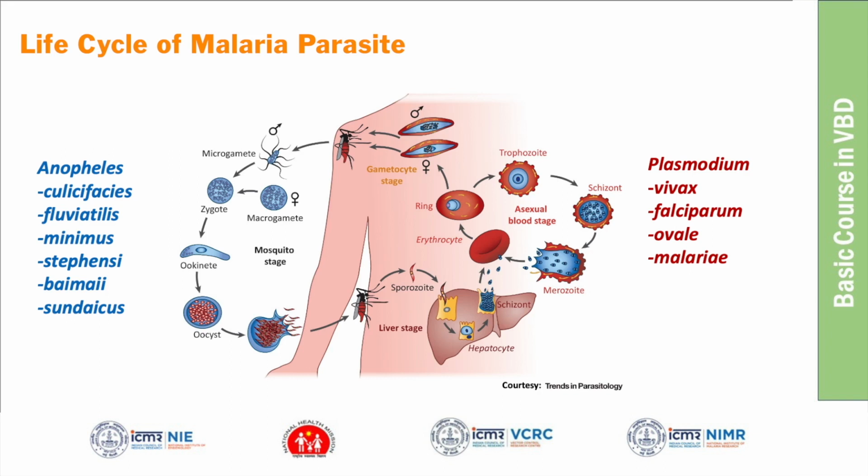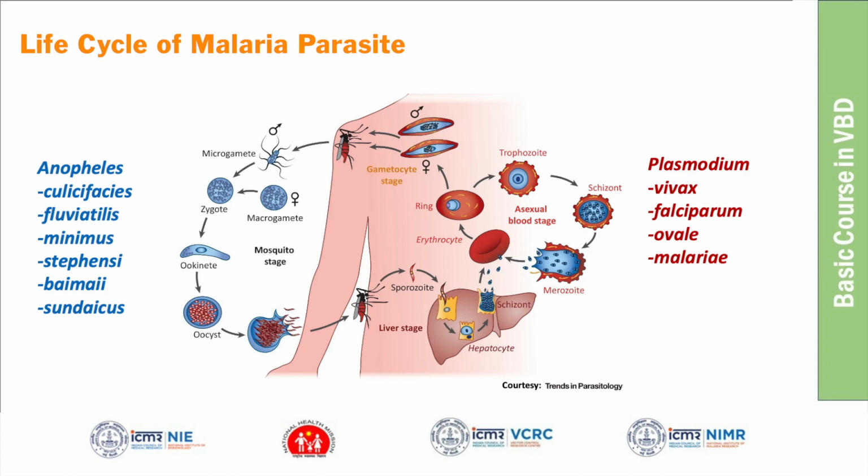Not only is there a development, there is a change in form also. This is an example. And in the human being also, sporozoites develop in the liver, and then finally when they come out in the form of merozoites, they start an erythrocytic cycle, which is a repetitive cycle, and finally some of them will make gametocytes, which are picked up by the vector, and the transmission will go on. So this is cyclopropagative transmission.